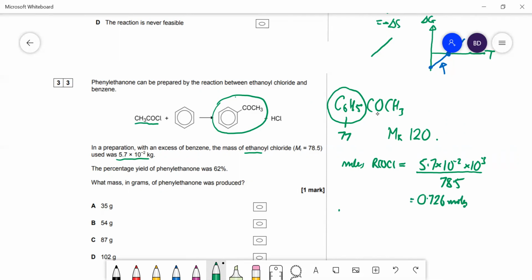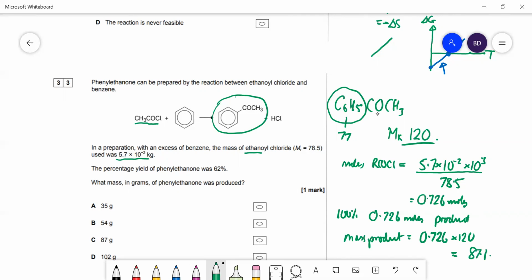So with a 100% yield, we get 0.726 moles of the phenylethanone product. So the mass of the product is equal to the moles, 0.726, multiplied by the Mr, which is 120, which gives us 87.1 grams.